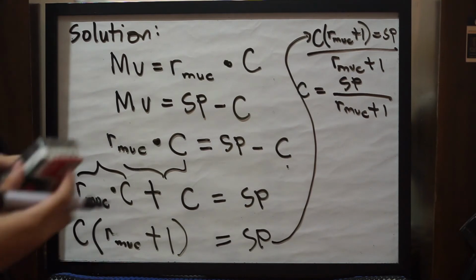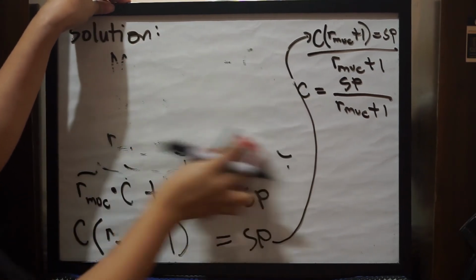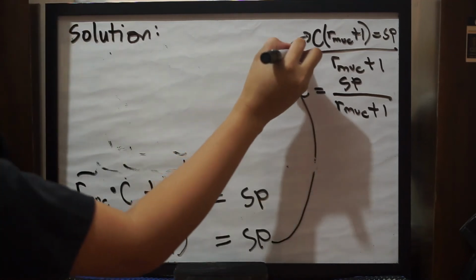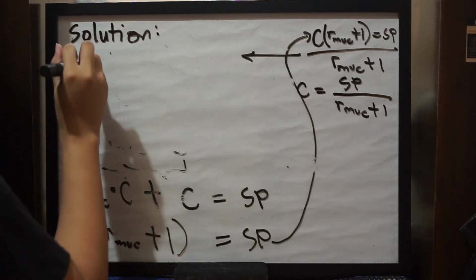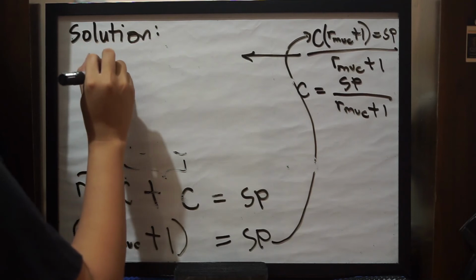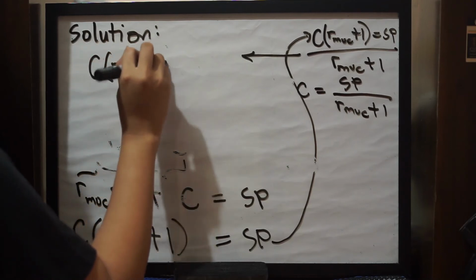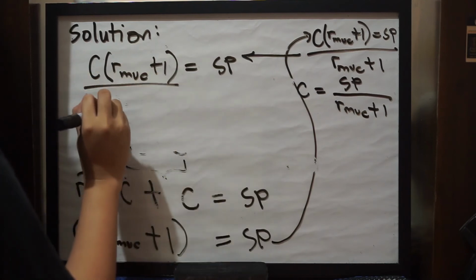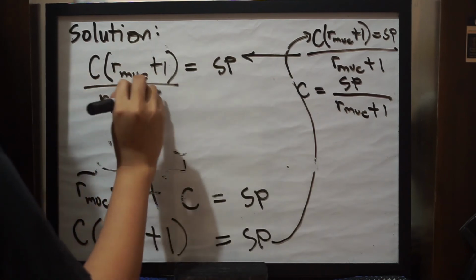Sulat ko nga ng mas mahaba, ng mas maayos para mas maintindihan. Ito ay parang ganito. C multiplied by rate of markup based on cost plus 1 equal to SP. You divide both sides by rate of markup based on cost plus 1. Bakit po?